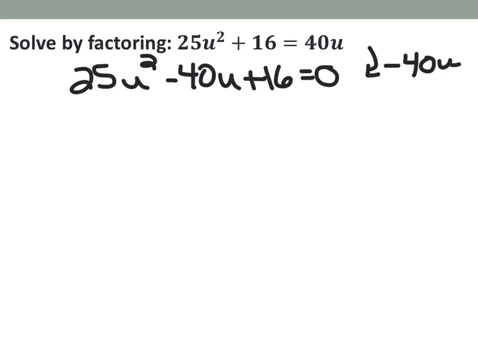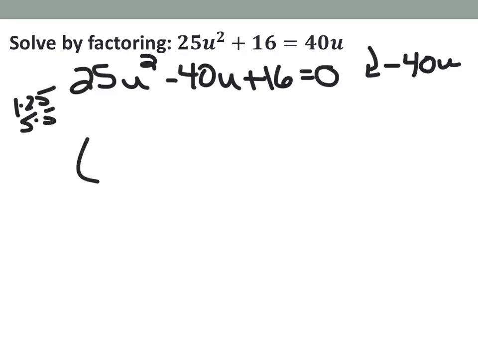Now, equal to 0, we're going to try and factor this side. This sign is positive. That means both factors have the same sign. This one's negative, so both our factors are negative. These two are even, but this guy isn't, so we can't divide by anything to make this simpler for us. 25 has factors of 1 and 25, 5 and 5.